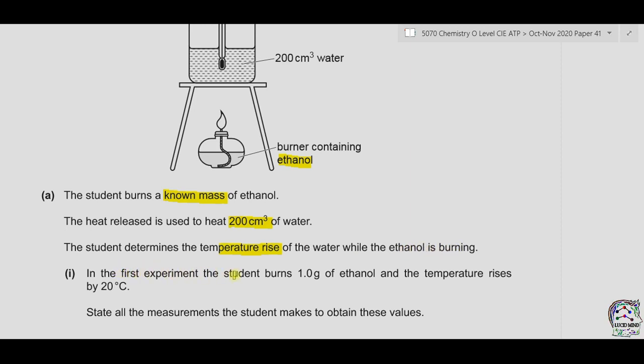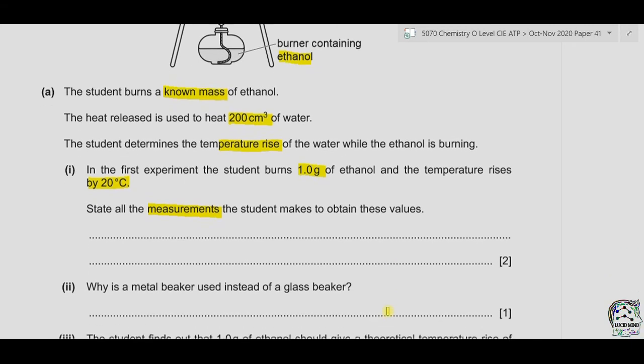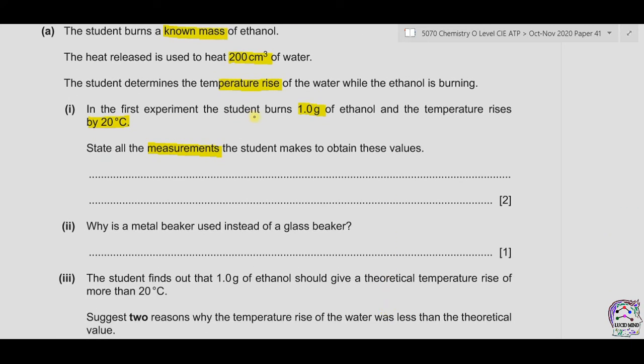Number 1. In the first experiment, the student burns 1 gram of ethanol and the temperature rises by 20 degrees centigrade. State all the measurements the student makes to obtain these values. As the student burns 1 gram, the student must know the initial mass and final mass.